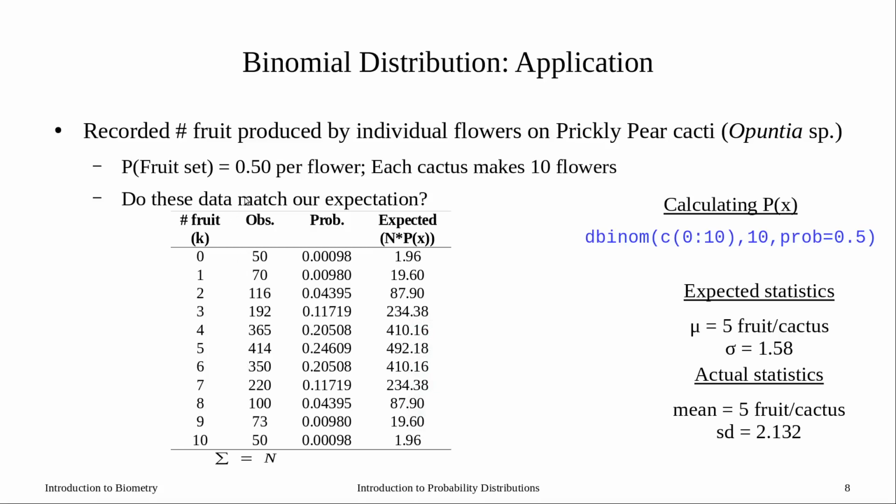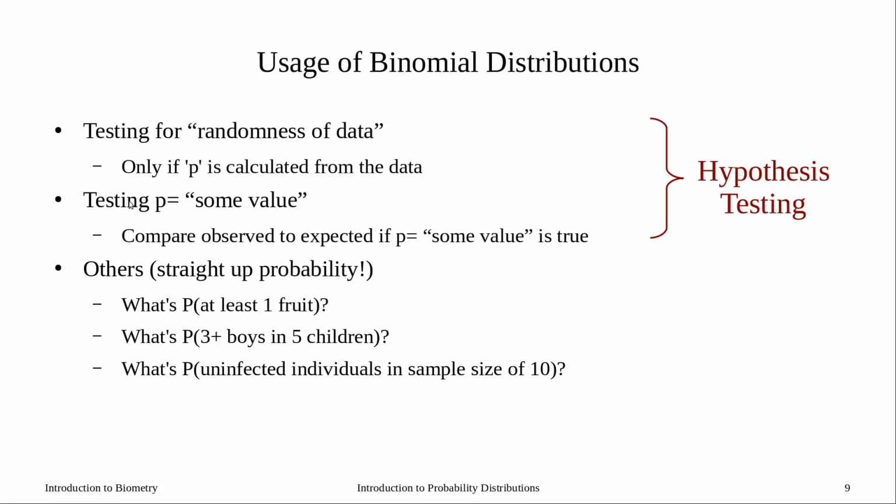If we ask the question, is our data random, then chances are we will have to calculate our probability of success from the data. So we would calculate the mean, we get 5 fruit per cactus, and then figure out and use p equals 0.5 to generate our expected values. So that's one part of testing a hypothesis.